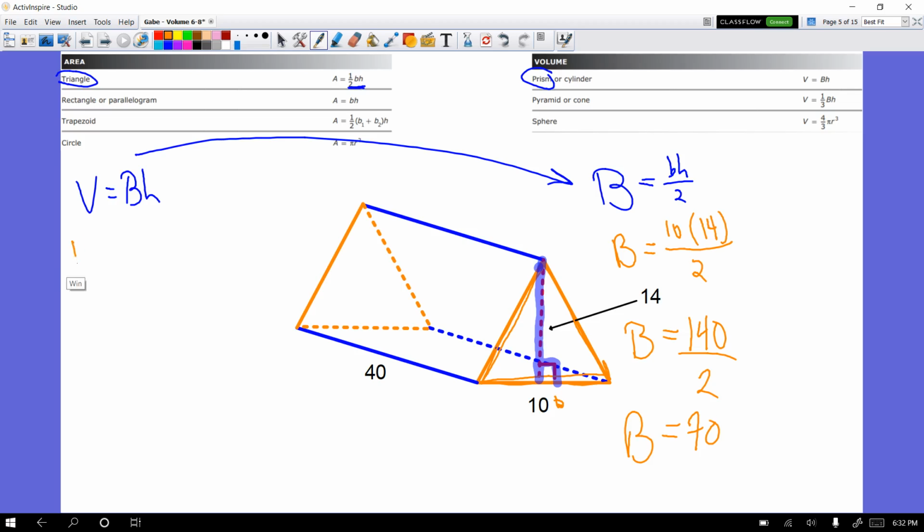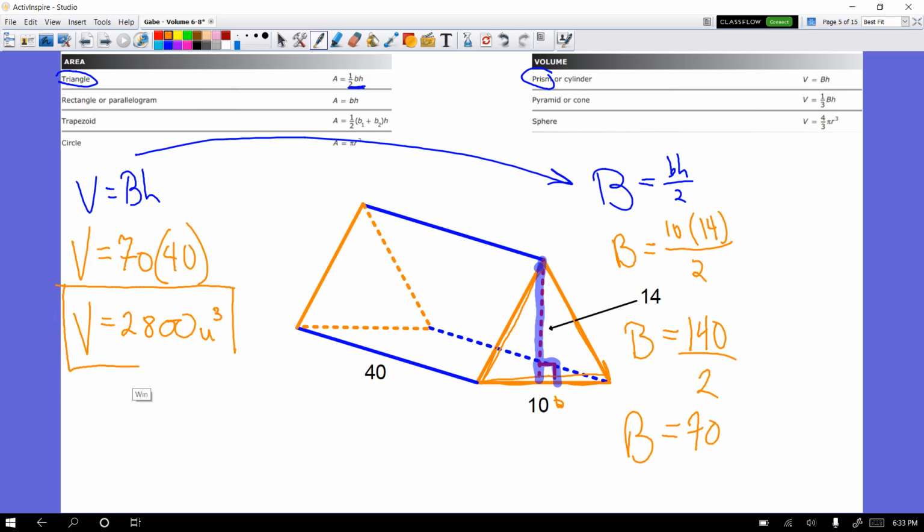So currently we have volume equals 70 times the distance between the bases, which is the distance between the triangles, which is 40. Okay? So 7 times 4 is 28 with 2 zeros. 2,800 units cubed.